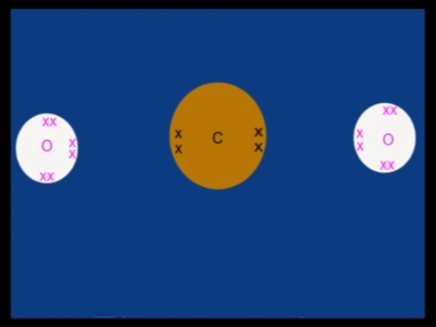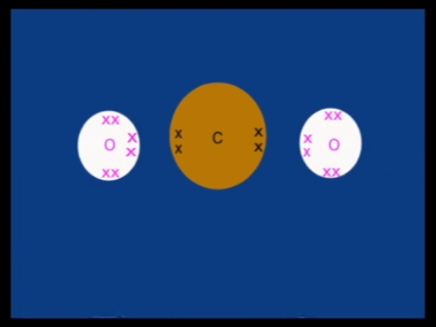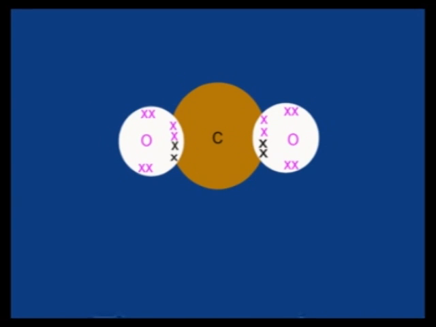In total, carbon will have received the 4 electrons it needs. Each oxygen will also have received the 2 electrons it needs in a sharing zone as illustrated here. And there you have the covalent bond for carbon 4 oxide. You realize there are double covalent bonds formed between carbon and each of the oxygen atoms.